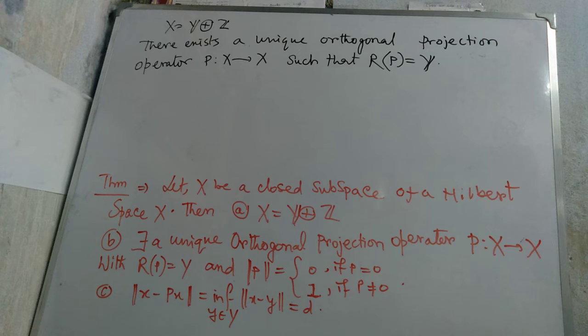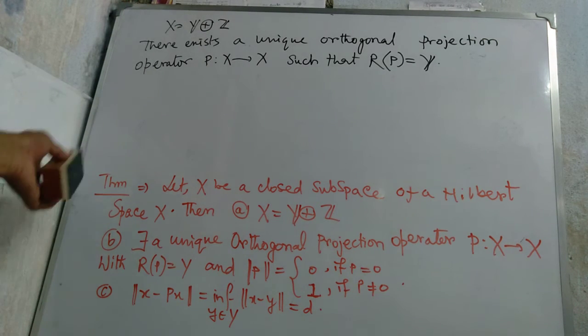Then A: X equals Y direct sum of Z, and there exists a unique orthogonal projection operator P such that R(P) equals Y, and this is the projection operator.